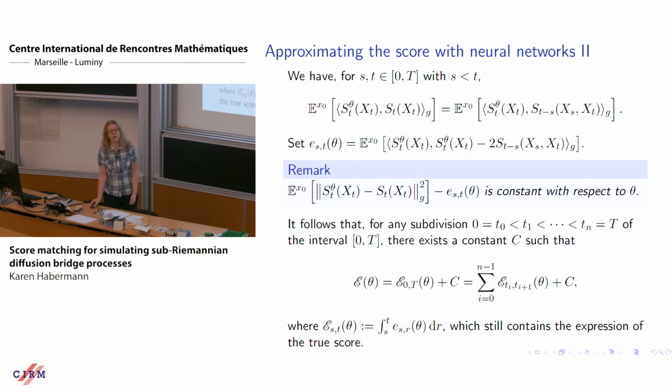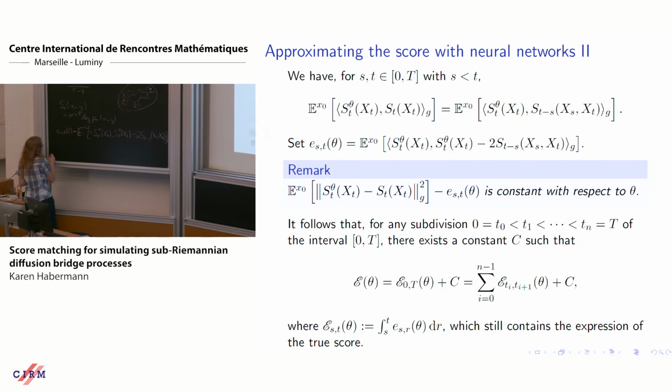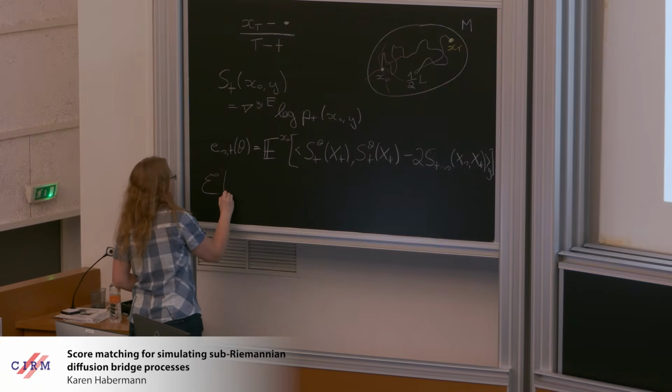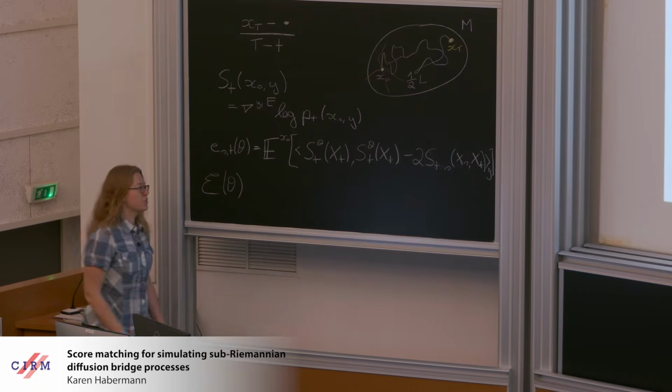And what this already means is that if we want to minimize our original loss function, we can rewrite this slightly, which for now looks like it's not going to be helpful, but actually later on it will be helpful. So we have these following two ways of rewriting our loss function. This curly E theta was our original loss function.